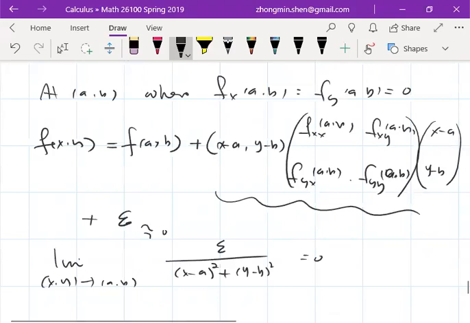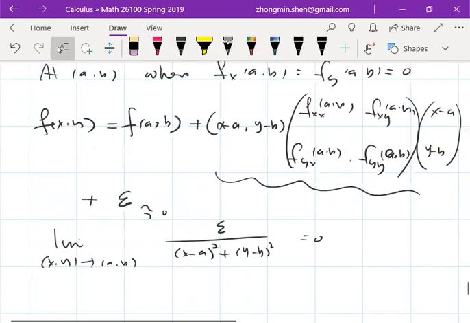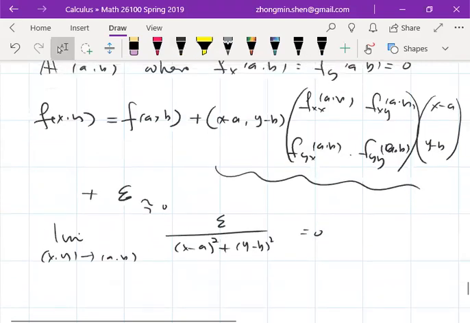So this term is a very small number compared to the matrix here. That's why, if you want to look at the local behavior of the function, you just need to look at the sign of this matrix.